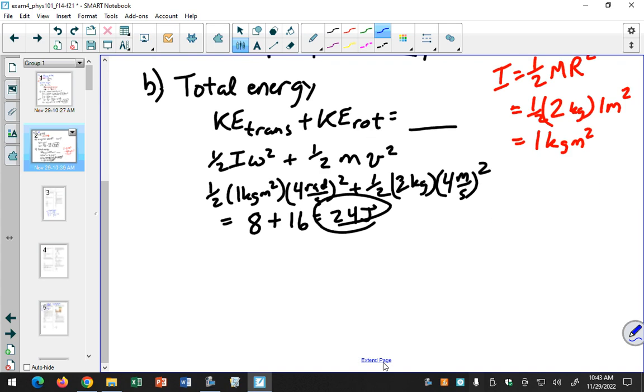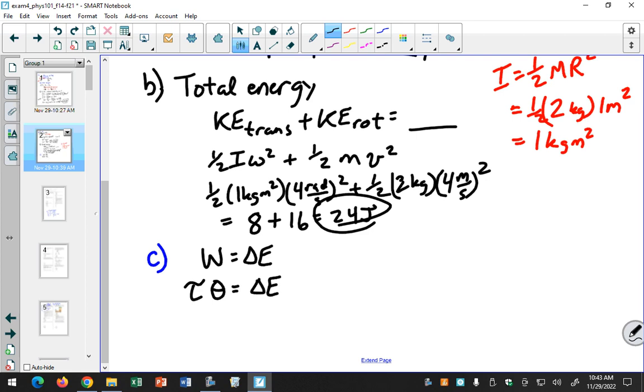So this has to do with the work energy theorem. I know that work is equal to a change in energy, and if I have a torque acting over a certain displacement, that is equal to my change in energy. Or my torque times theta is the work that's done by a torque. Remember, work was F times D, force times distance. In a similar way, it's also torque times theta.